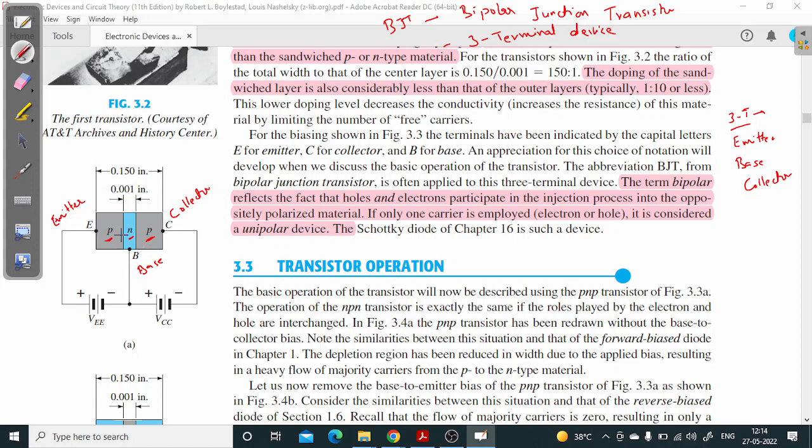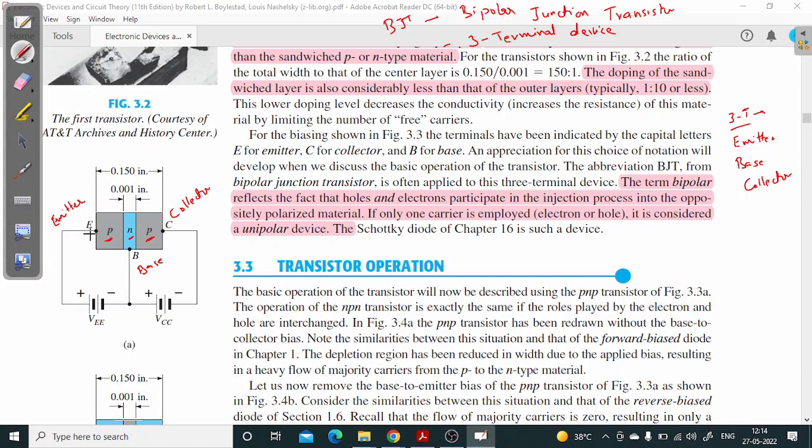So we have 3 layers: the first layer P, the second layer N, the third layer again P. We can also call this the P emitter region, N base region, then the last P collector region. But these are basically the terminals coming out from the transistor.